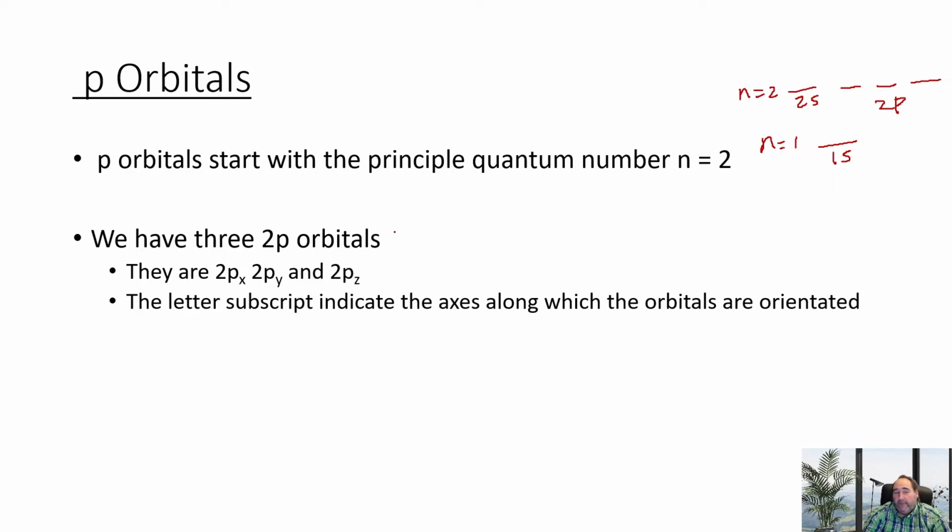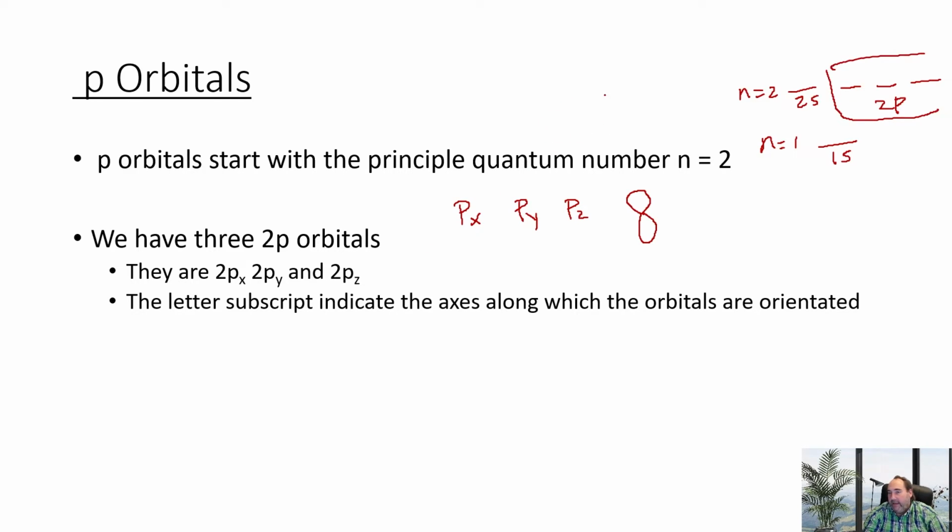Now, the 2p orbitals, there's actually 3 different types of p orbitals. There's a px orbital, a py orbital, and a pz orbital. As we'll see on the next slide, they're basically like figure 8s, or teardrops, as they are sometimes described. And again, each of these can hold a maximum of 2 electrons.